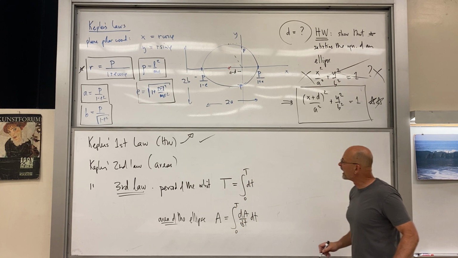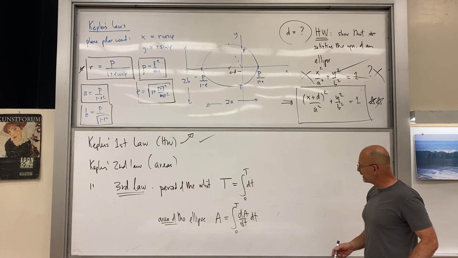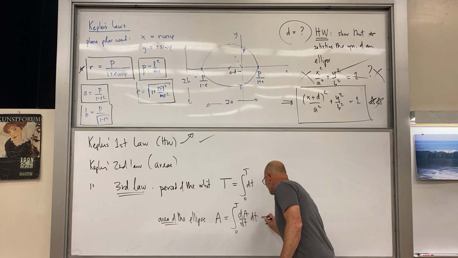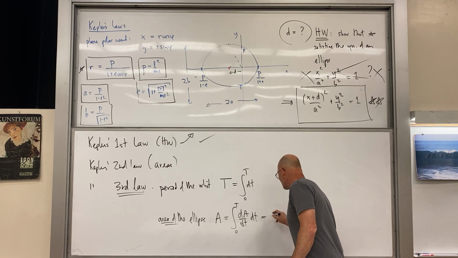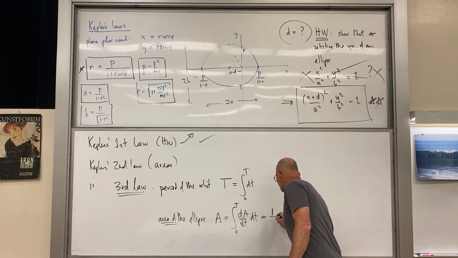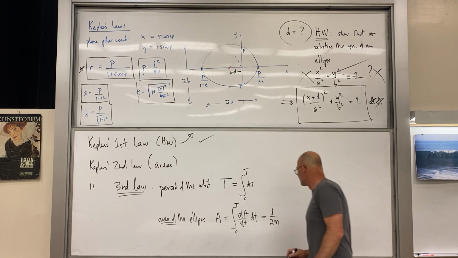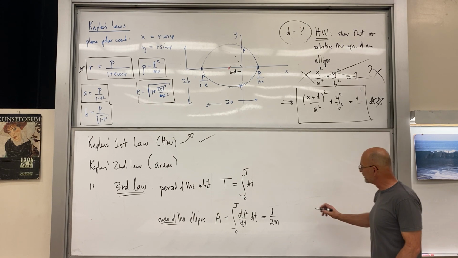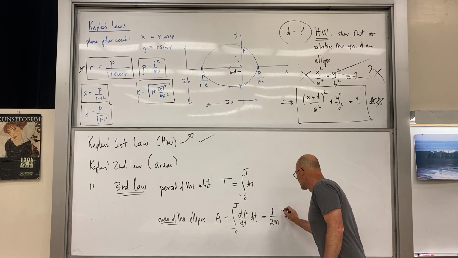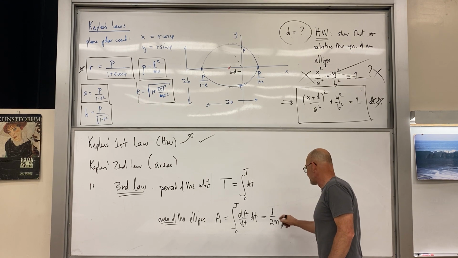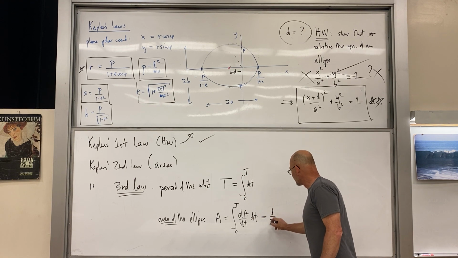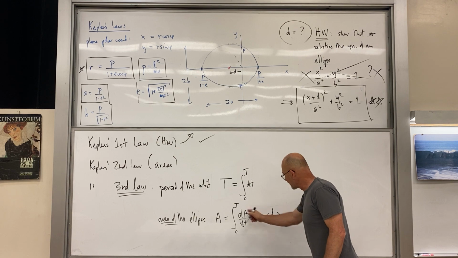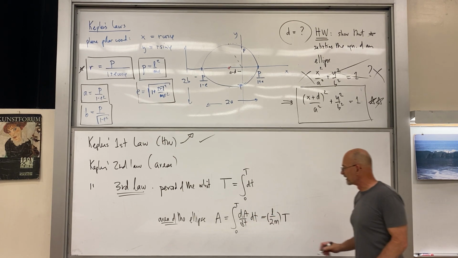We just erased it, but dA/dt was L over 2m, so we have L over 2m as a constant, and that was pulled out, and dt integrates to the time right there, okay?